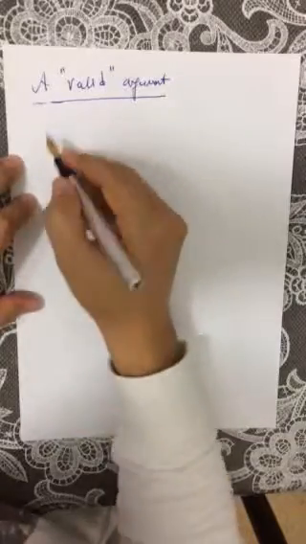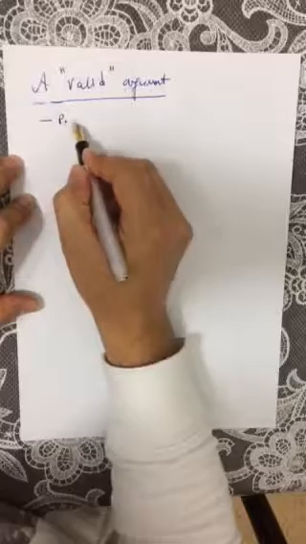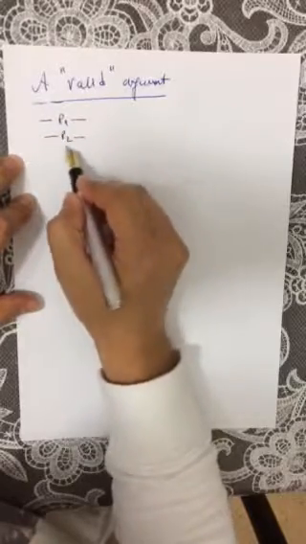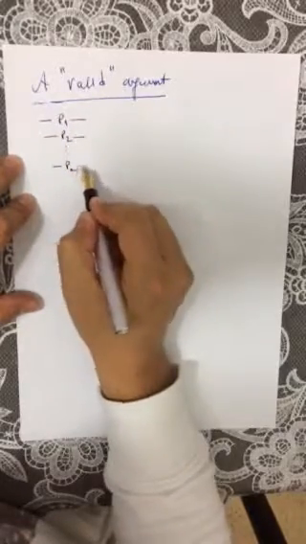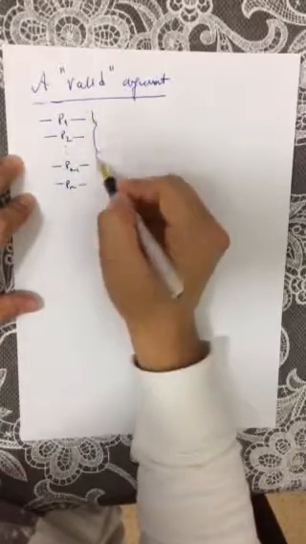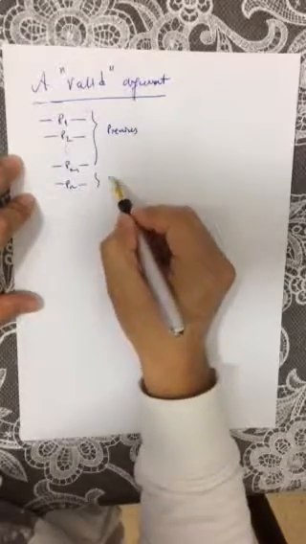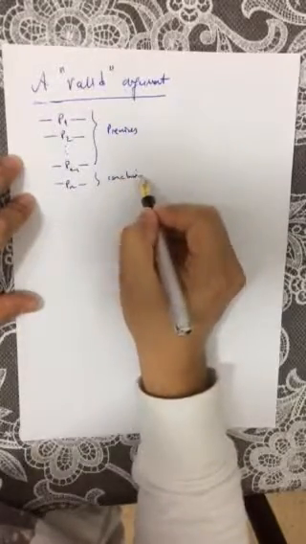So let me write down in proper manner here. So suppose that we have the premises P1, P2, and Pn minus 1, all right? And suppose that the Pn is the conclusion, all right? This is, suppose the premises, and this is the conclusion, all right?